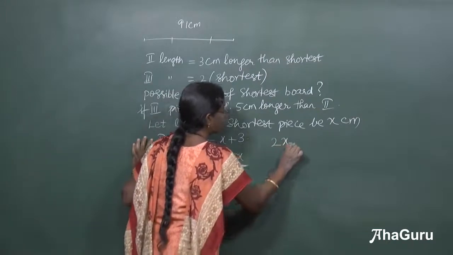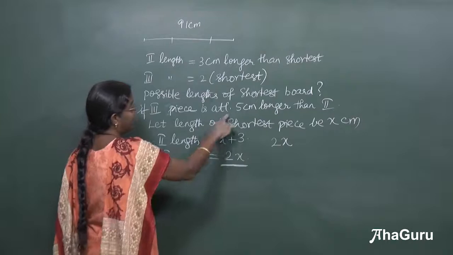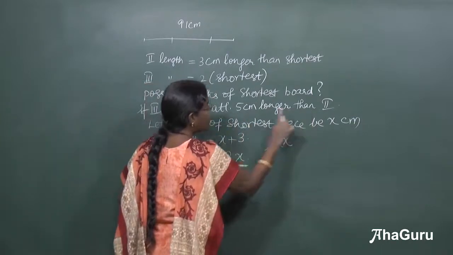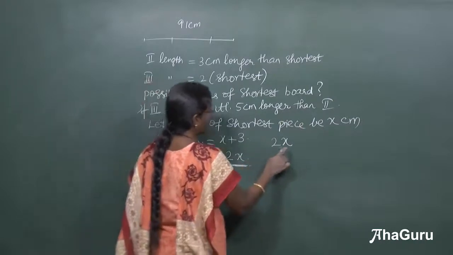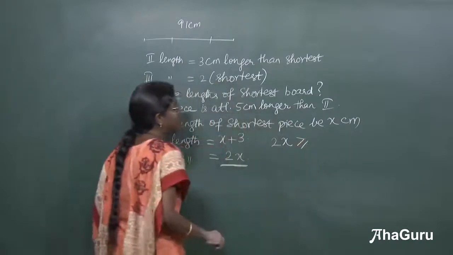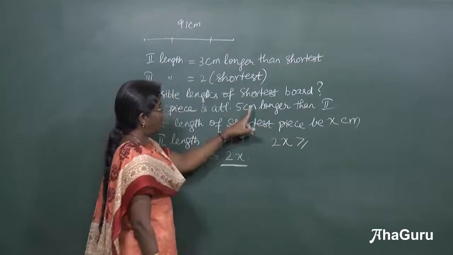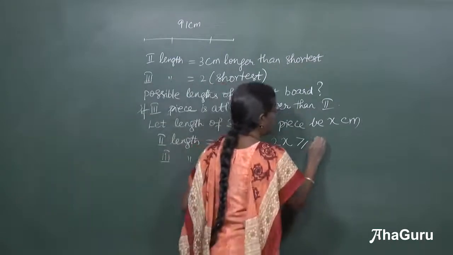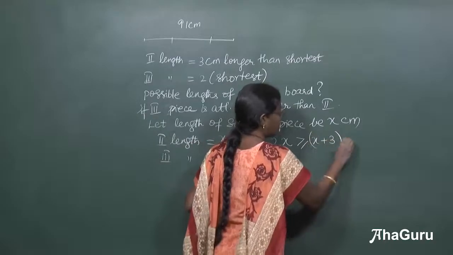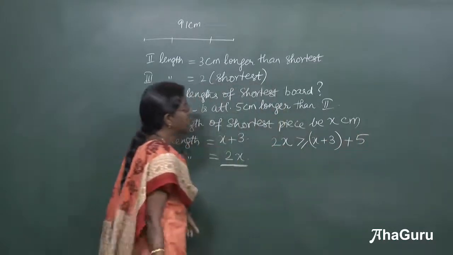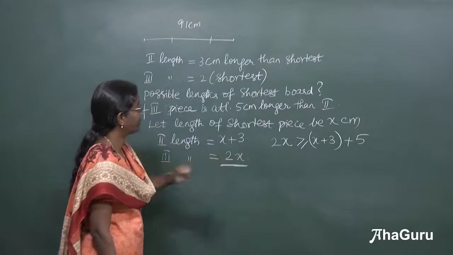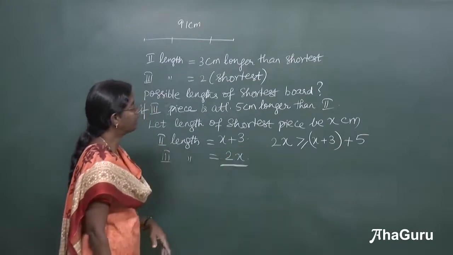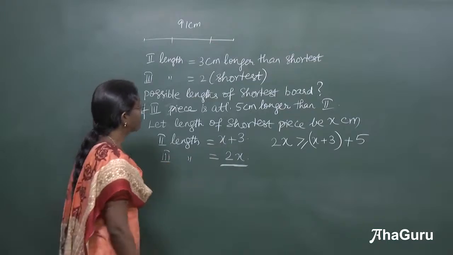Now, the other condition given: the third piece, that is 2x, is at least 5 centimeter longer than the second. This 2x is greater than or equal to 5 centimeter longer than the second, that is what is given here, right. 2x is greater than or equal to x plus 3 plus 5.